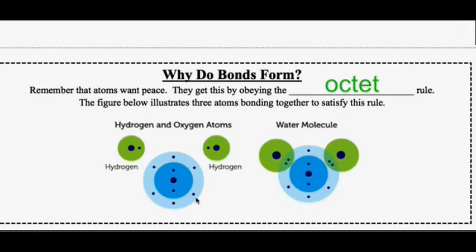Well, it has that second outer shell, so it needs two more. Hydrogen only needs two electrons because it just has the one shell. Remember, it's the one that's kind of the oddball, it and helium, because it has just that one energy level. So when we look here, you can see that water has bonded and you end up with 8 electrons now in the oxygen, but you also have 2 in each.